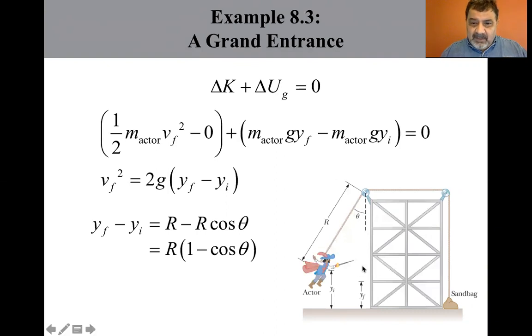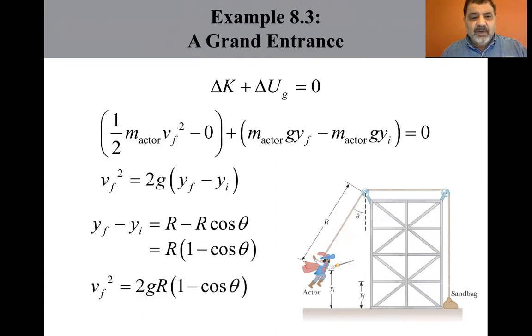In other words, the r cosine theta is about where his sword is. Now r is all the way to the bottom, so you're looking at what y initial equals, that r cosine theta term. And so v squared is equal to 2g times r times 1 minus cosine theta. Look at the geometry and you should understand it.